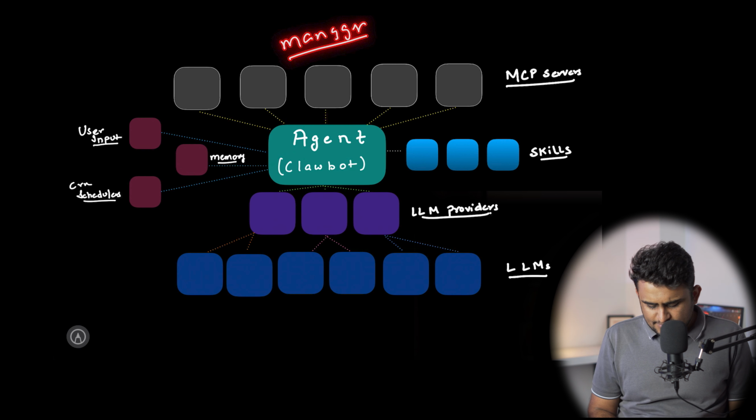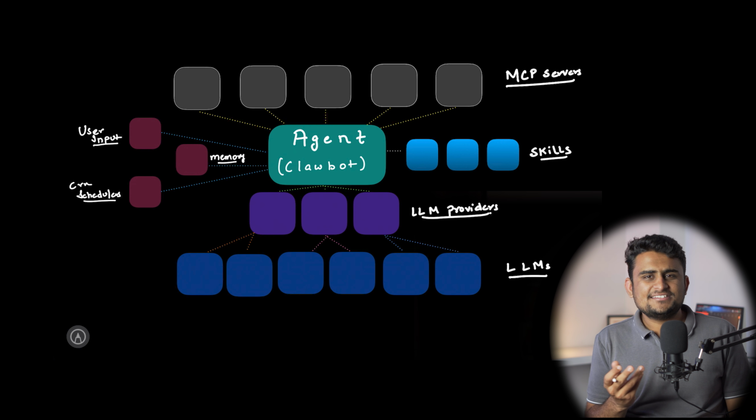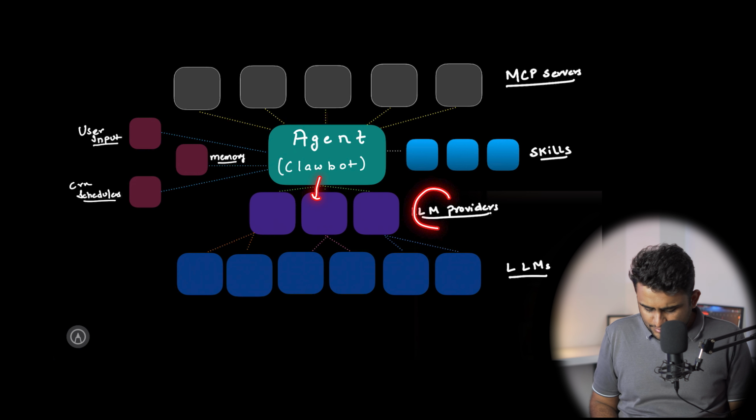All it does is manage what the user is asking and what capabilities it has. All it has to think is what capabilities I have, where they fit best, and then give the answer to the user, and maybe perform some action, right? In that scenario, Clawbot is a perfect manager and not a brain or an LLM. It gets its brain from the LLM providers.